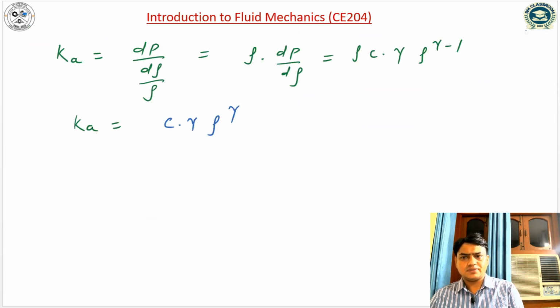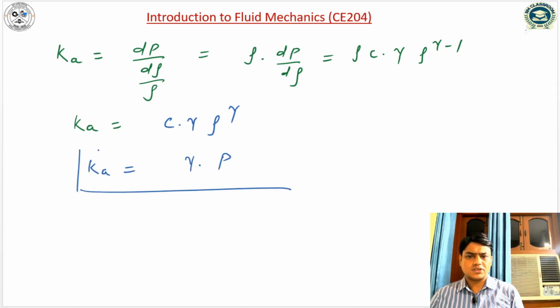So we can write Ka is equal to gamma into P.